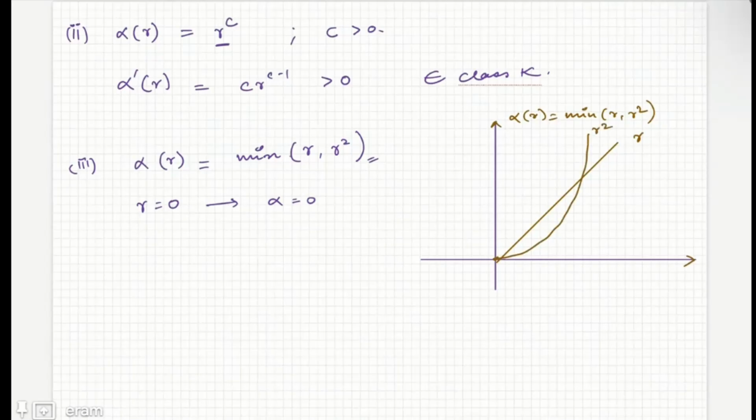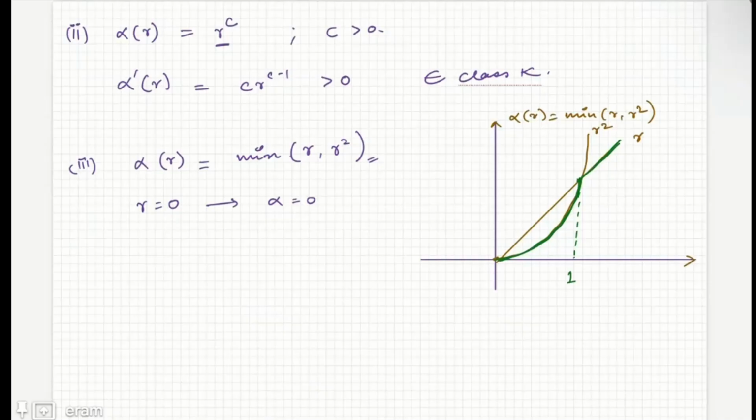The minimum of these will be this green function, and at r equals 1, this function is not differentiable.